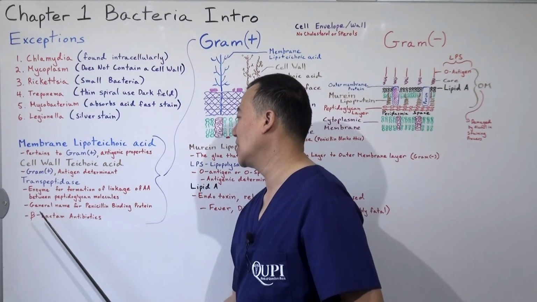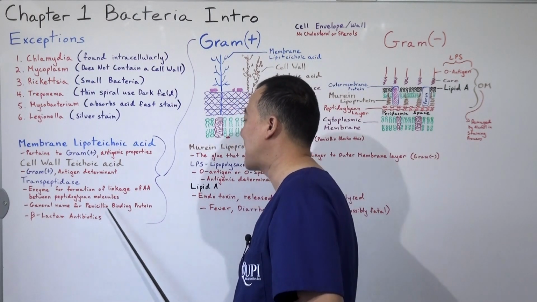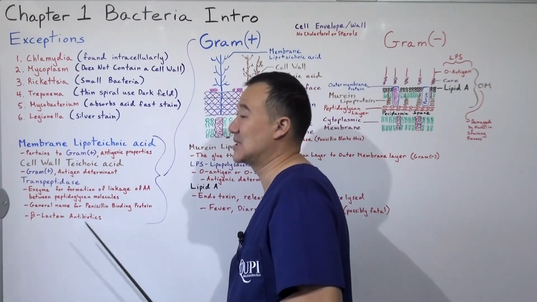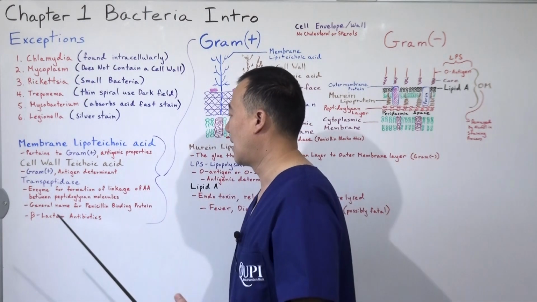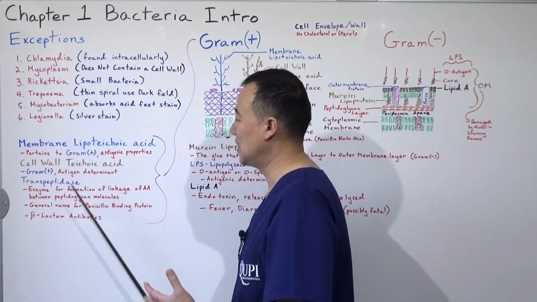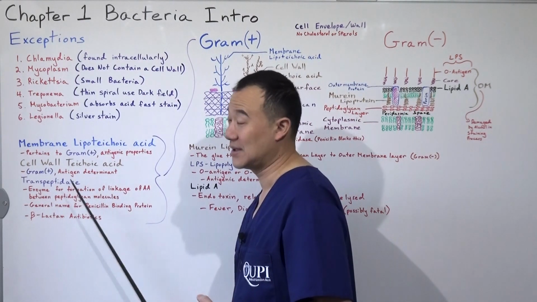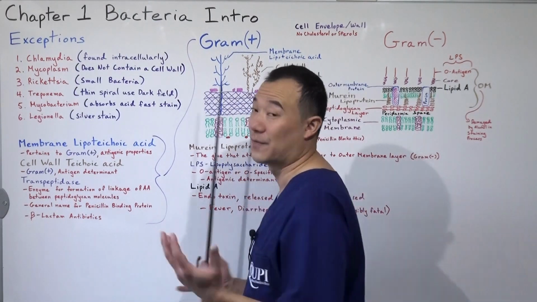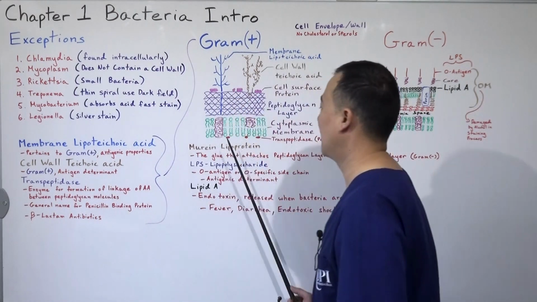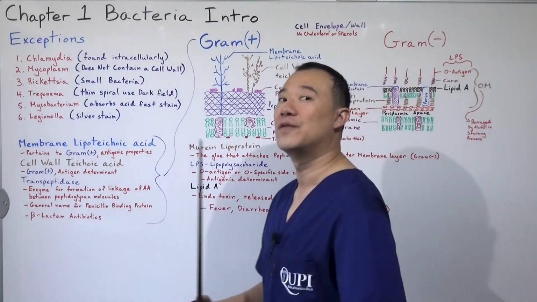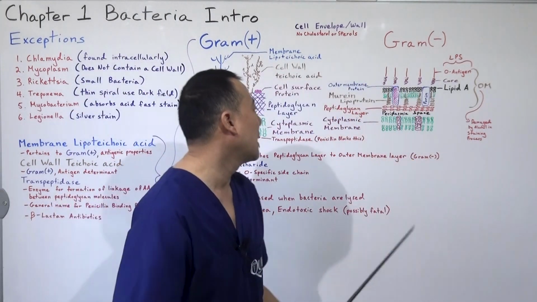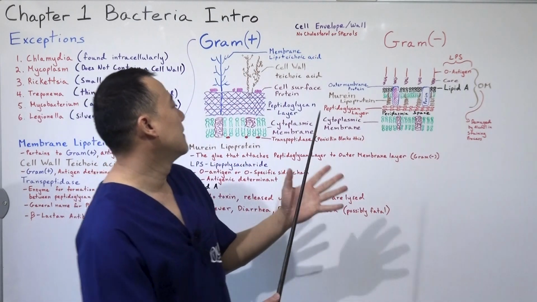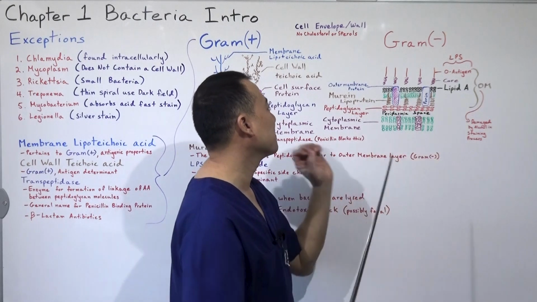And the general name for this is penicillin binding protein, and these are targeted by the beta-lactam antibiotics, the penicillins. Antibiotics that would be used to attack the transpeptidase to prevent the peptidoglycan layer from being formed. And that's why I have it in red, because it's very important. We will review transpeptidase over and over again. Now, why we don't care about transpeptidase in the gram-negative bacteria is because the peptidoglycan layer is very thin.